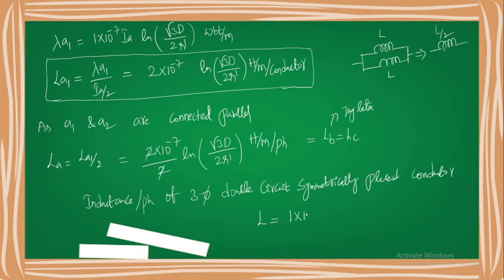It is 1 into 10 power minus 7 times ln of root 3d divided by 2 R dash Henry per meter per phase, where R dash is equal to 0.7788 times R. D is nothing but the distance between any two adjacent conductors.